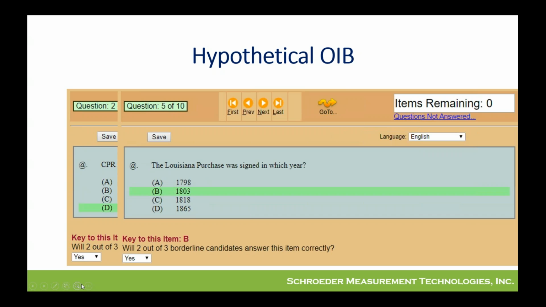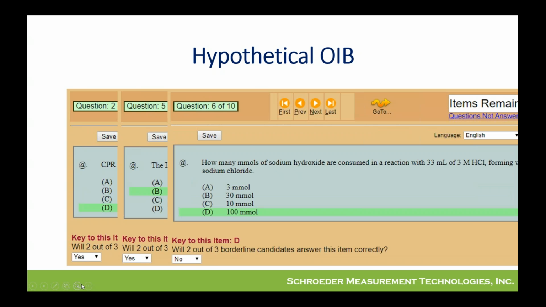Item number 5 is more difficult than item number 2. But I think 2 out of 3 borderline candidates will also answer this item correctly, so I select yes. Item number 6 is more difficult than item number 5.